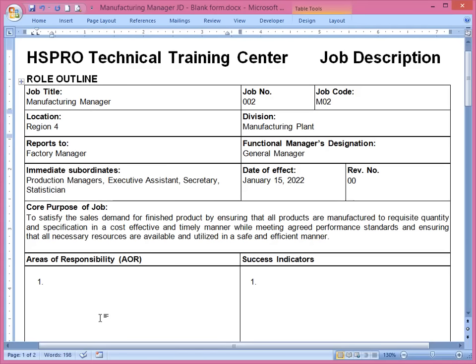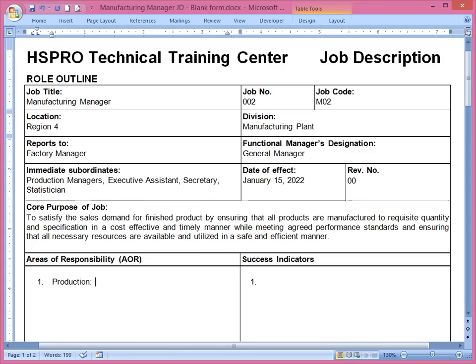Now we're going to start writing our AOR, area of responsibility. We start with production because this is their main AOR. They are producing products. They need raw materials, ingredients, and everything. They need the machinery, the manpower resource and everything to be able to produce all the products required by the sales for the purpose of selling to the customers, right?